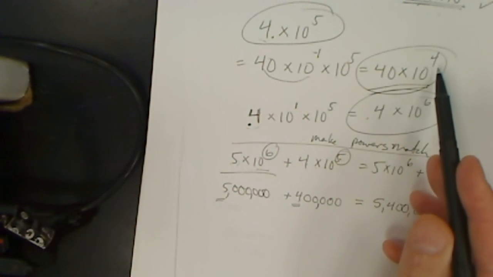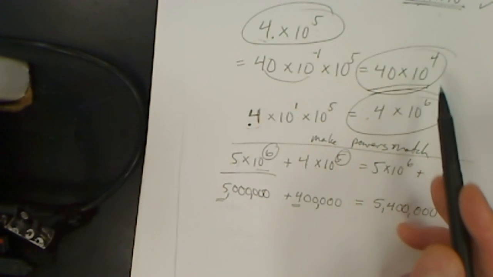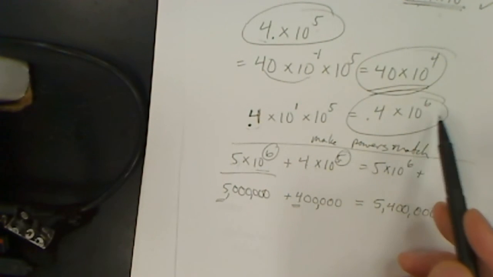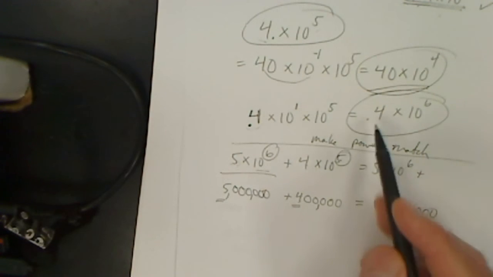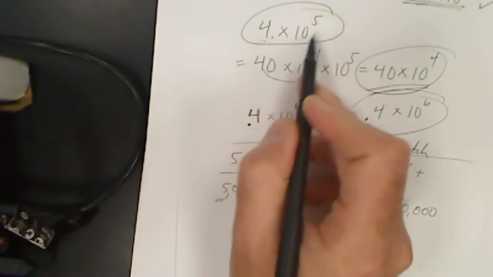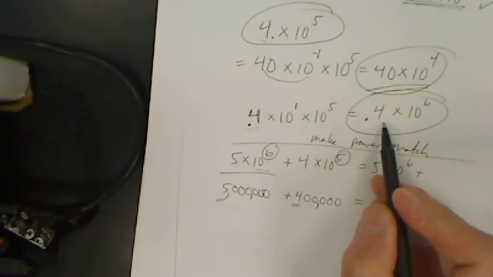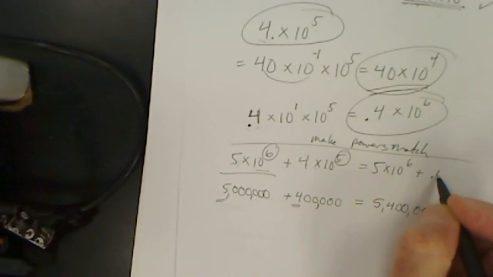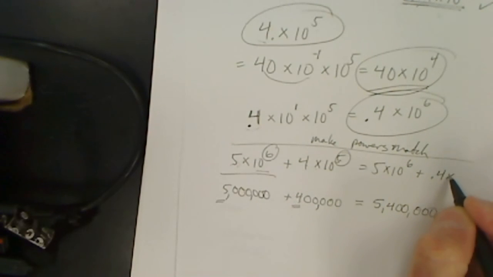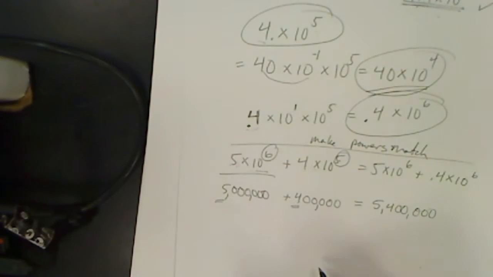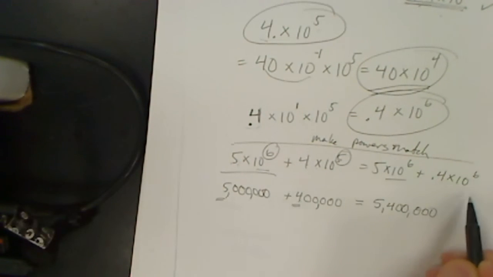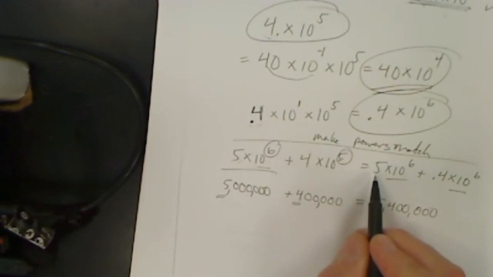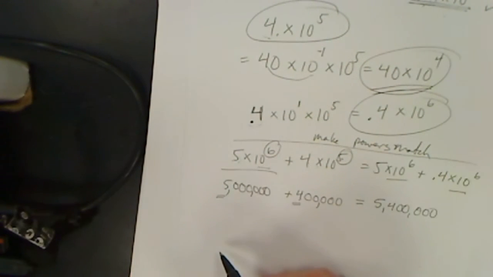Which one of these is 10 to the 6th? The top or the bottom? The bottom, right? So what did we do? We changed it to 0.4 times 10 to the 6th. Now, because the powers are the same, you can just add these two pieces together.